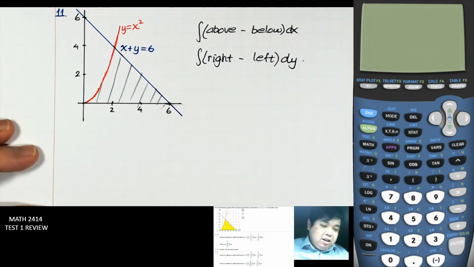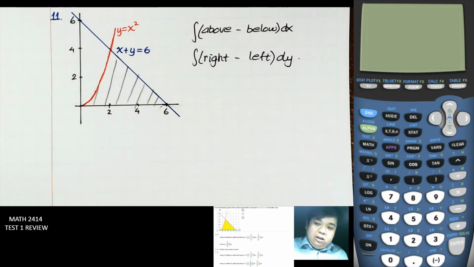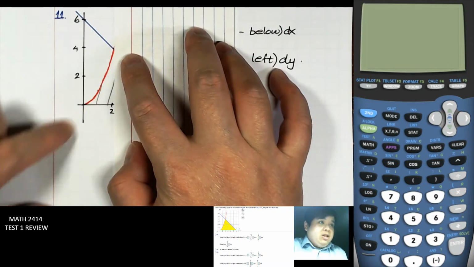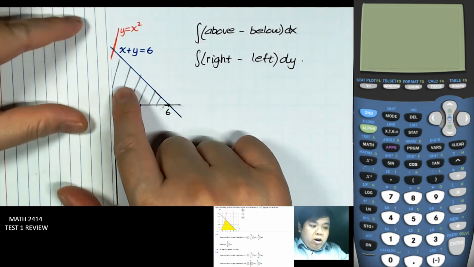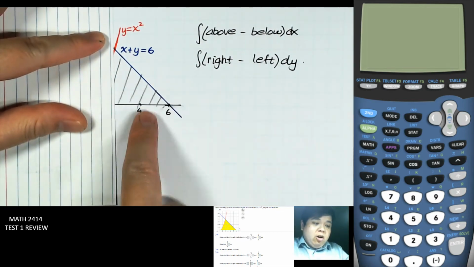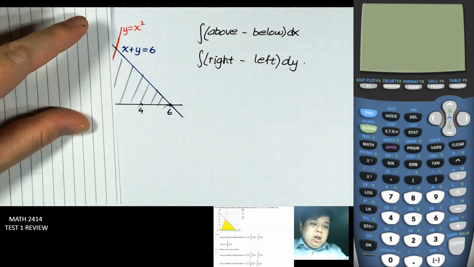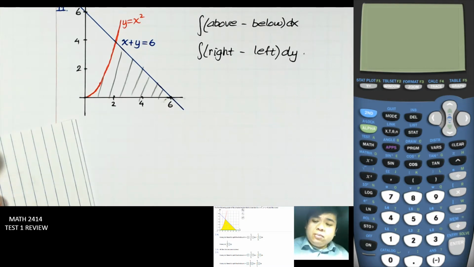Right, now let's go with the x first. If it is x above and below, the function above, from here, the one above is the parabola, but from this point on, the function above is x plus y equal to 6. So there are two boundaries above, and we need two integrals for that.